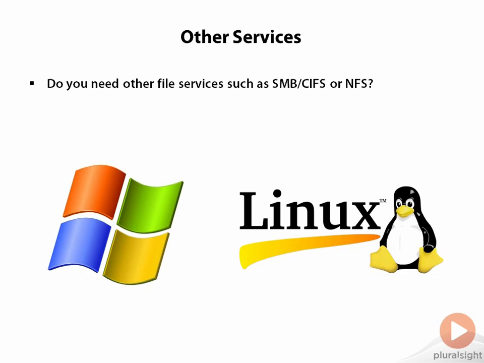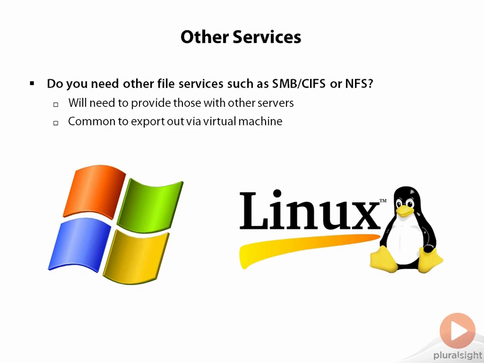What about other services? What if you need something like SMB or CIFS or NFS for Windows servers, Linux servers, things like that? Well, XtremIO only does block. It only does Fiber Channel. It only does iSCSI. So these other services you have to provide with other servers. And it's not uncommon to have like a virtual machine share out capacity off of the XtremIO device to whatever you need.